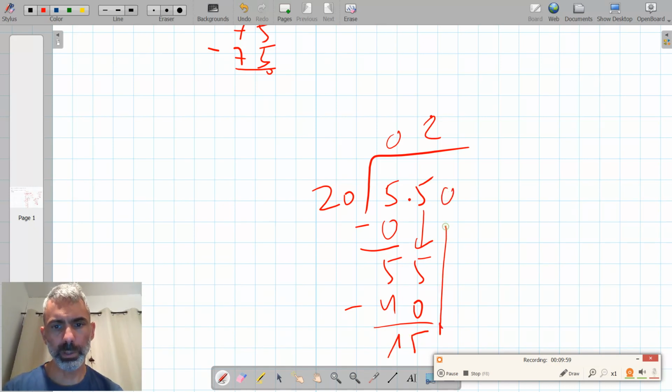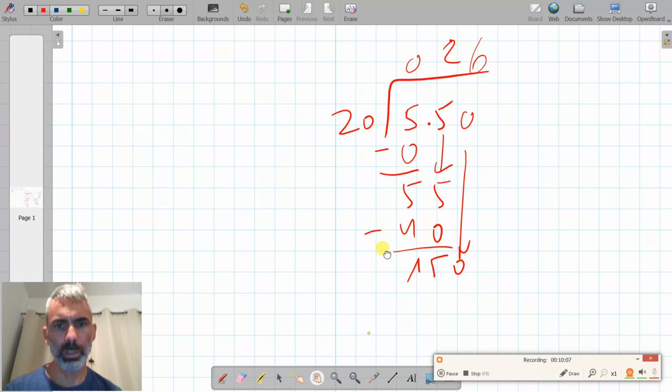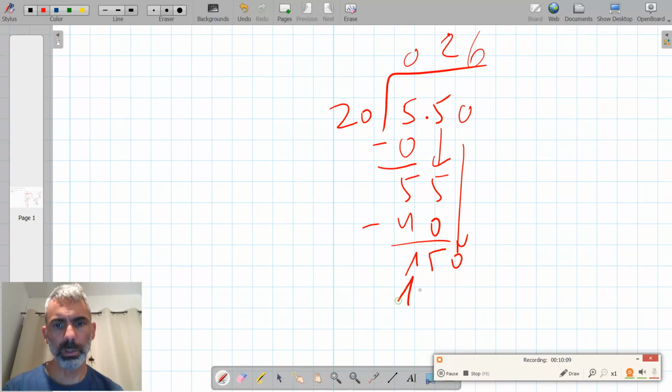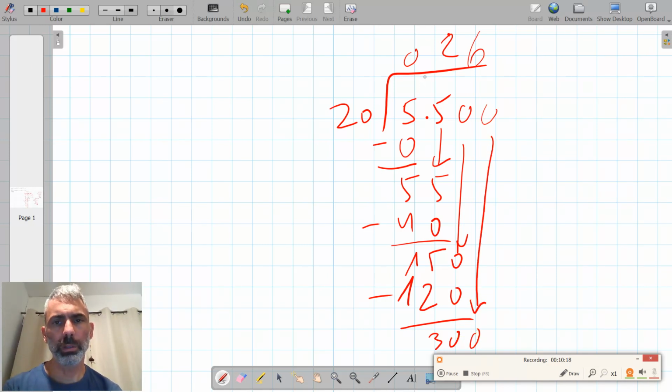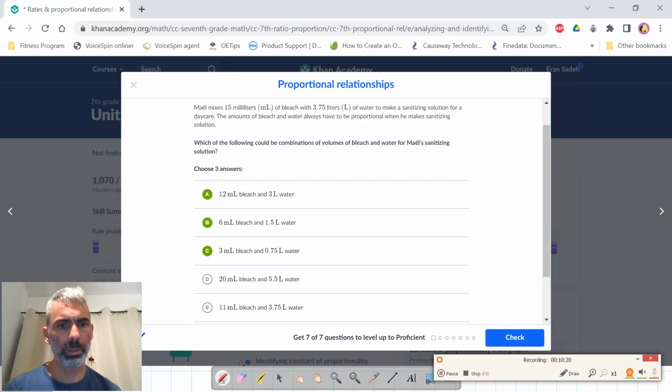Bring down 0. 20 goes into 150 6 times. 6 times 20 is 120. Okay, so I see 0.26 is incorrect.